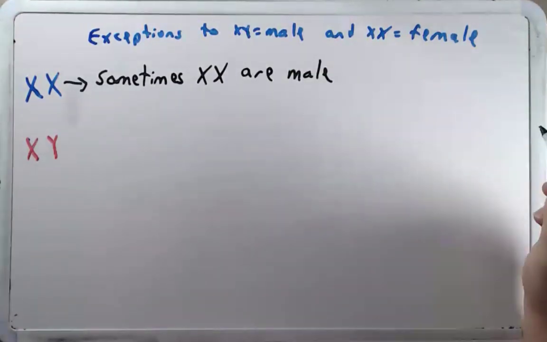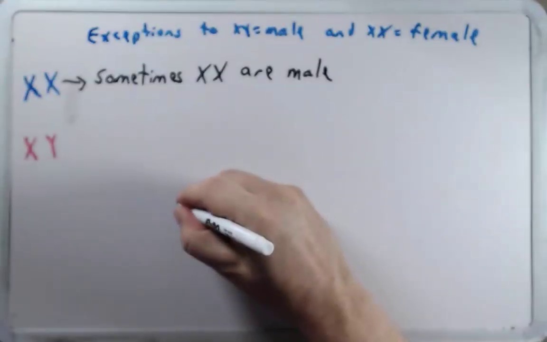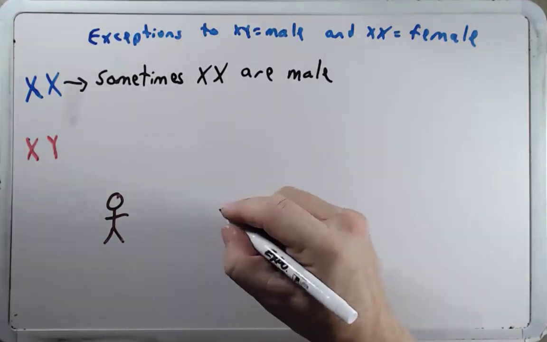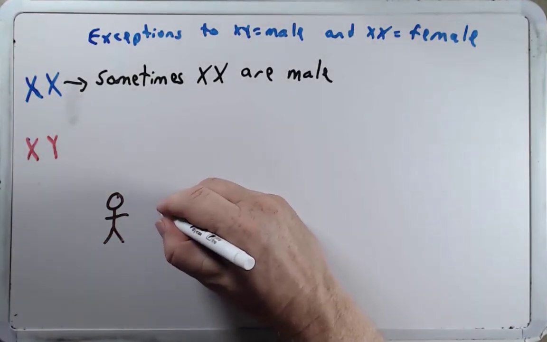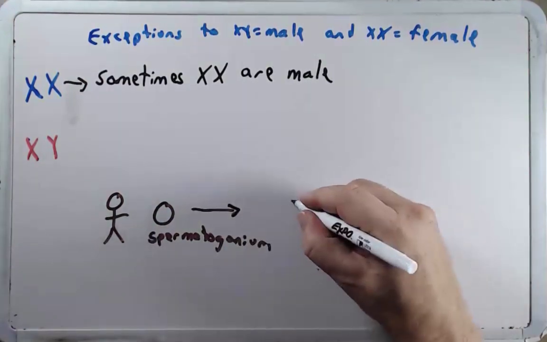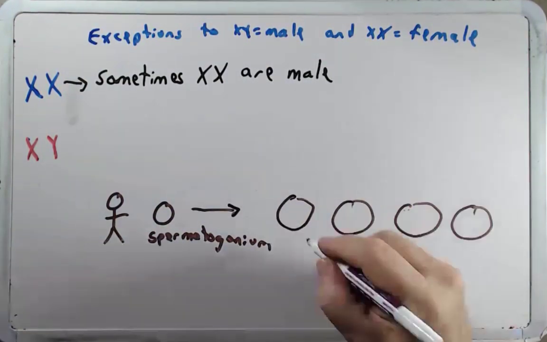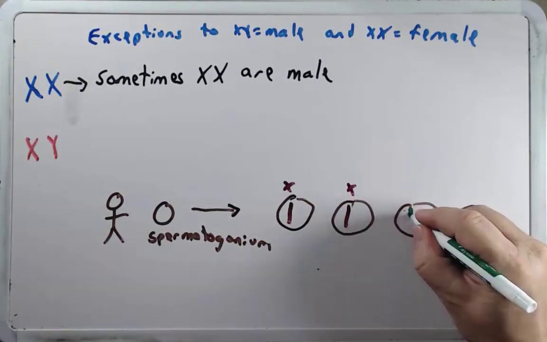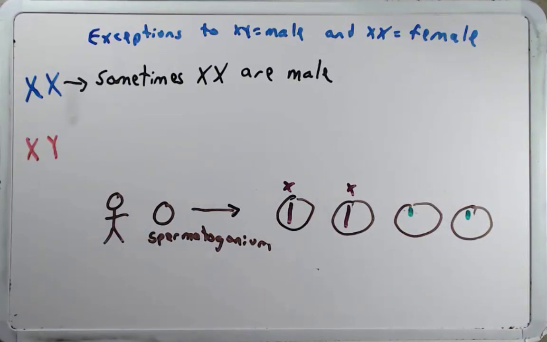And the main way this can happen is when dad, I'll draw dad here, makes his gametes, his sperm. Usually for every spermatogonium he will produce 4 sperm. And 2 of them will have the X chromosome in it, and 2 will have the smaller Y chromosome in it. However, during meiosis, the X and the Y chromosome pair up with each other during prophase.